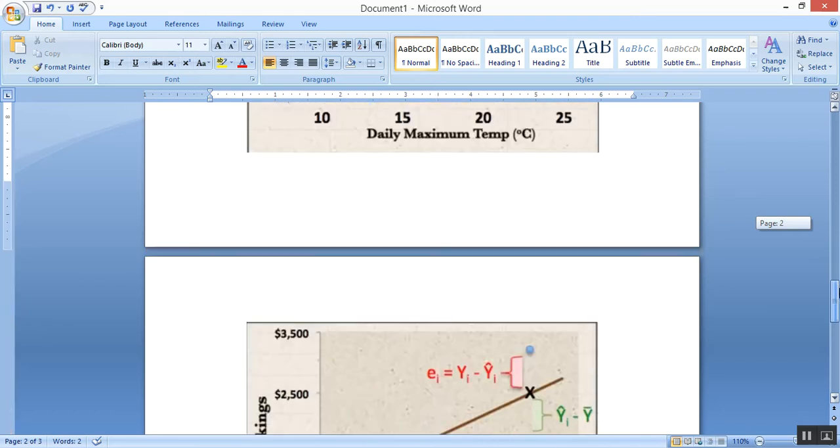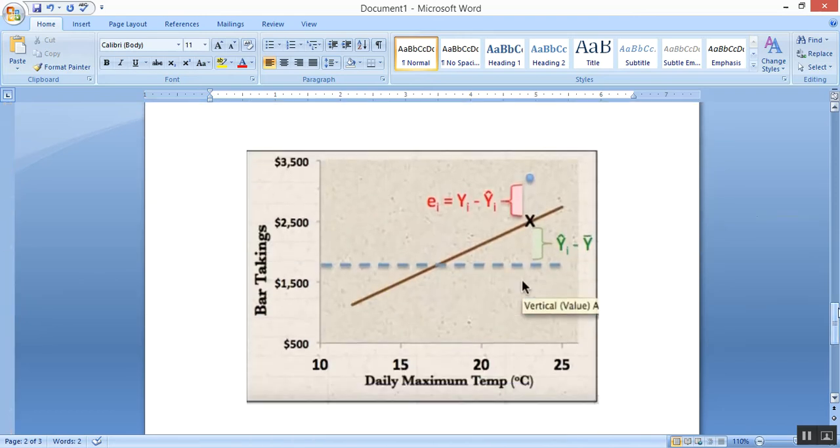But scrolling down a little bit further, what you can find is that each individual observation is actually going to have a distance from the mean. It's going to have a distance from the expected value. Now, we do expect some degree of variation, as we've already established.